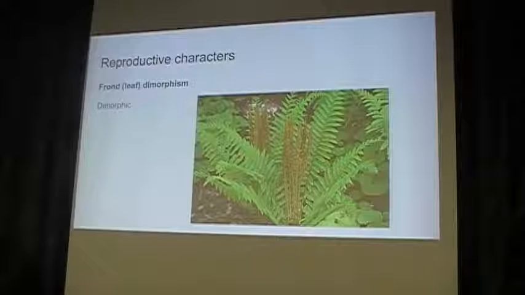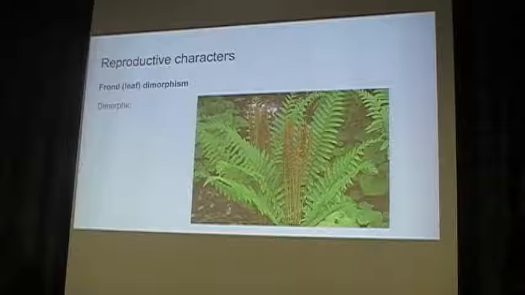These leaves are much skinnier, and they're cinnamon colored, so cinnamon fern. This plant uses a division of labor. It makes big fat leaves that do nothing but photosynthesize, and it makes skinny, taller leaves that do nothing but produce spores and get those spores off into the air. So that's dimorphic, two forms.